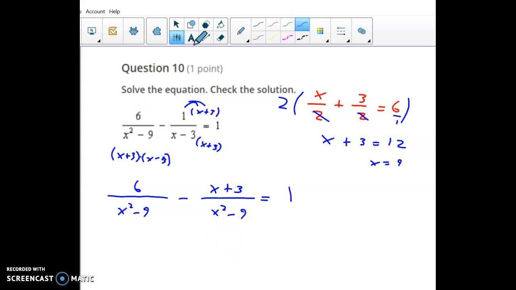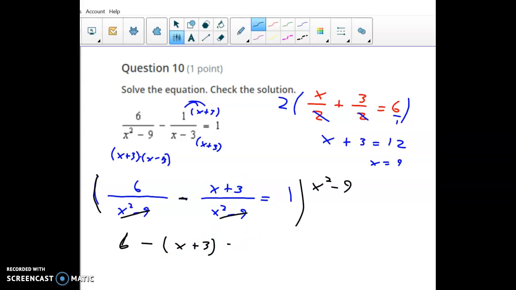All right, and now we're going to do the step where we multiply by the denominator, right, and wipe it out, just like we did up here. So we're going to multiply by x squared minus 9, and then these cancel out, so we have 6 minus, and then in parentheses we have x plus 3, because we want to take away that whole quantity, minus all of this.